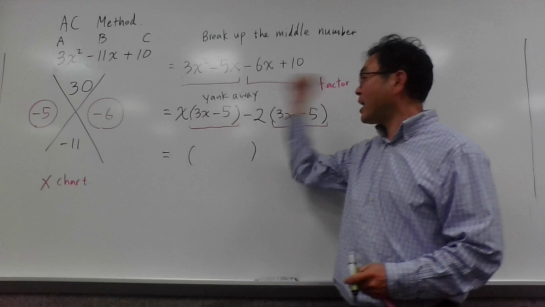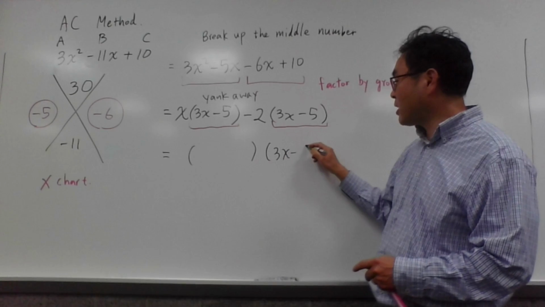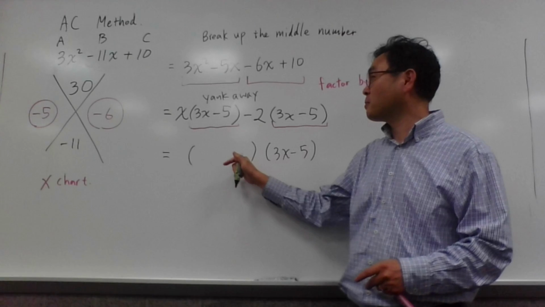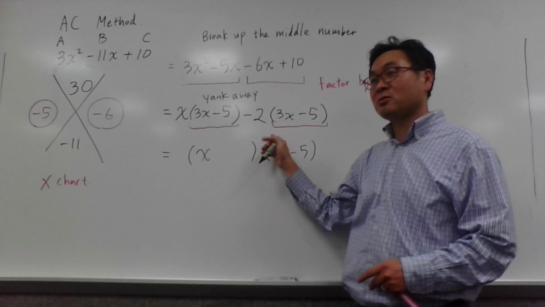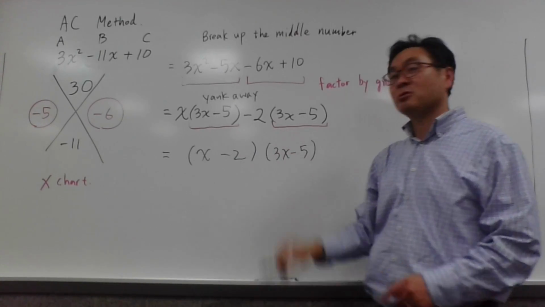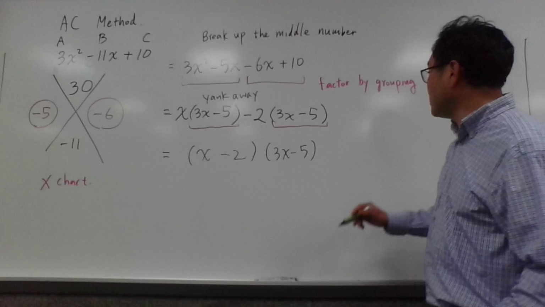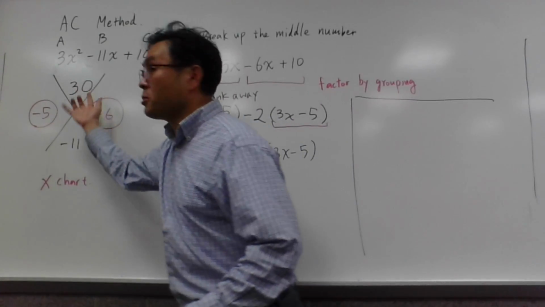So you take that out, it becomes a single 3x minus 5. And now what are the lonely people left here? X is left from the first group, and 2 is left from the second group, right? That's the final answer.